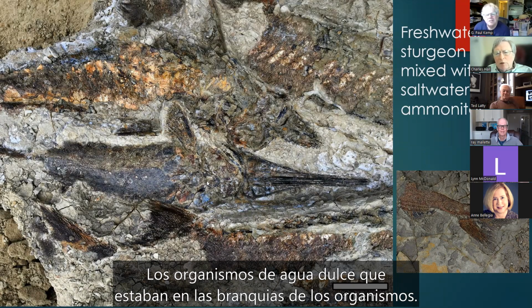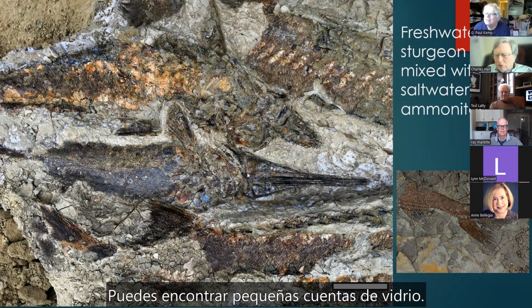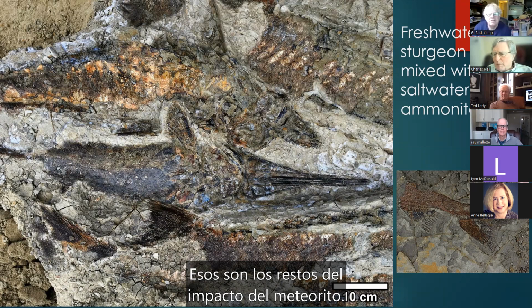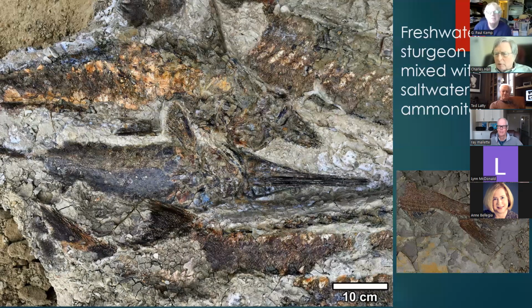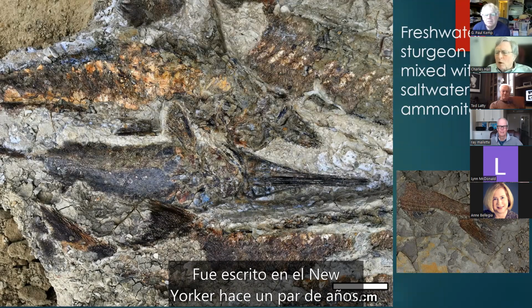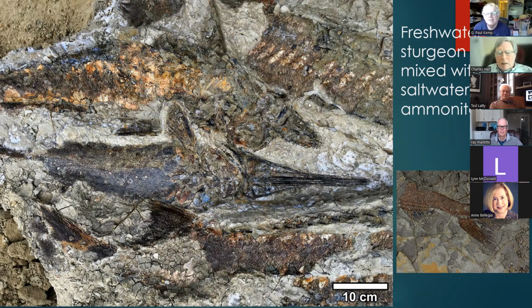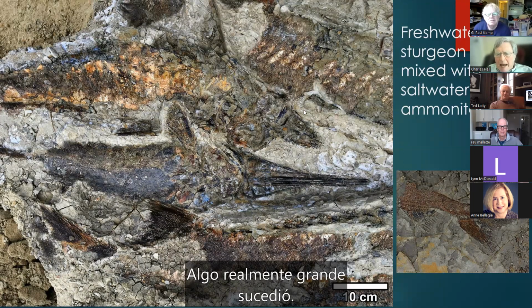And in the gills of the organisms, you can find little glass beads that are the remnants of the meteor impact. It's an astonishing story. It was written up in the New Yorker a couple of years ago in a very accessible way. I was fascinated by it. So looks like something really big happened then.